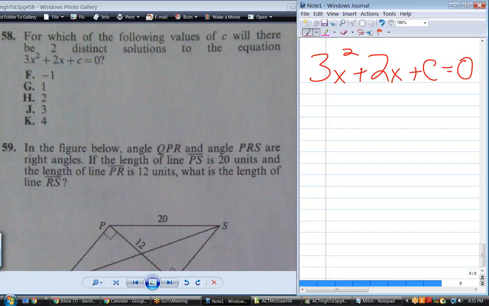Remember how to tell whether there's three kinds of solutions you can get. You can get two real solutions. You can get two imaginary solutions, or you can get one real solution.